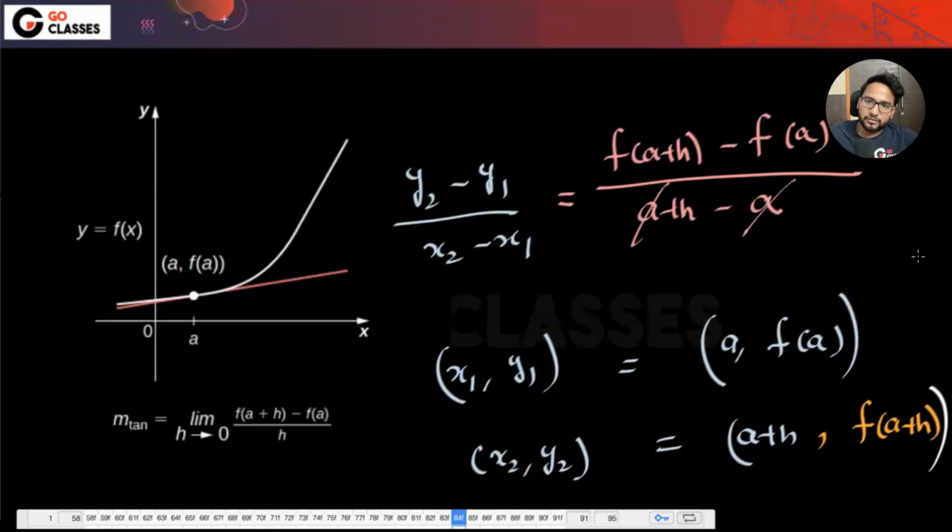Where h tends to 0. So this is the slope of a line joining 2 points which are extremely close. They are so close that we are calling it a tangent. These are not even 2 points, which means we say that h tends to 0. Is this okay to everyone?